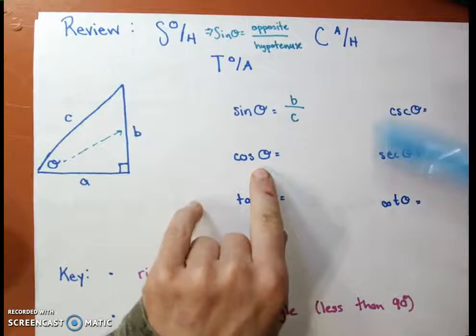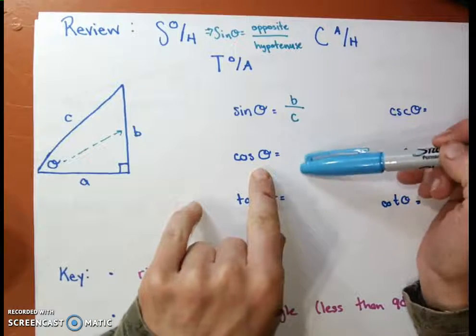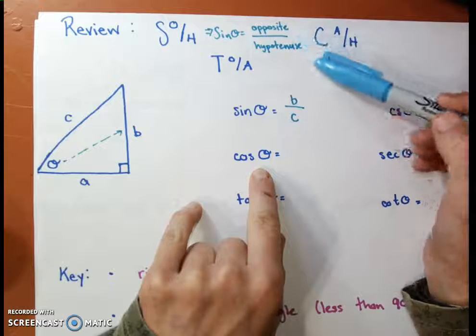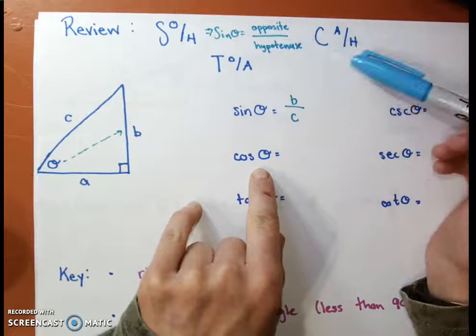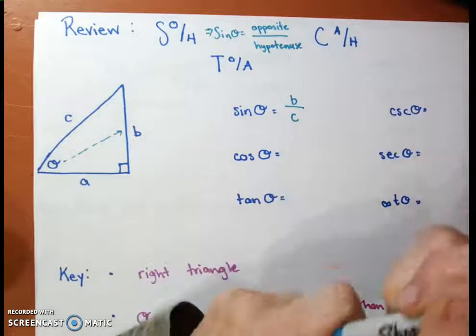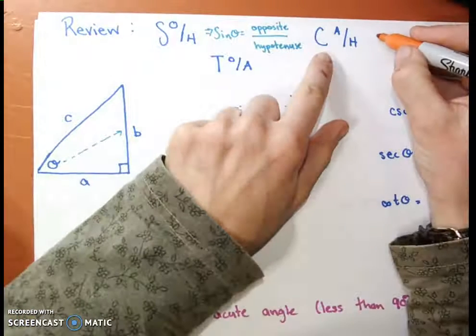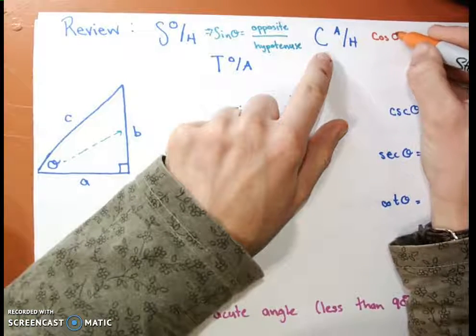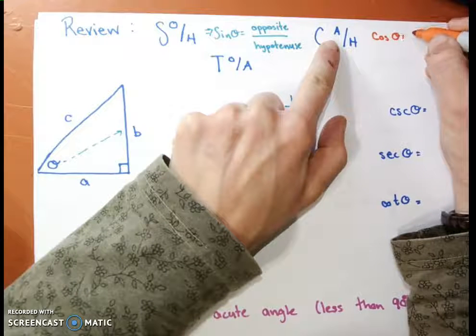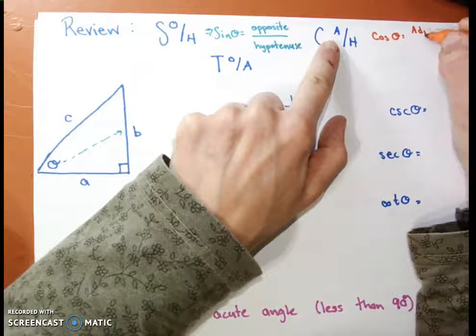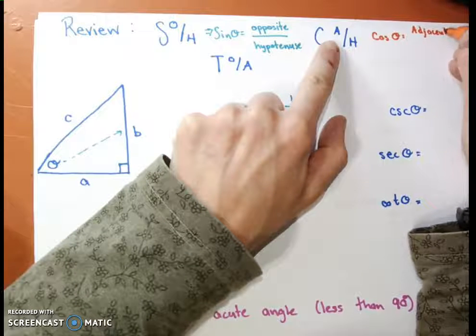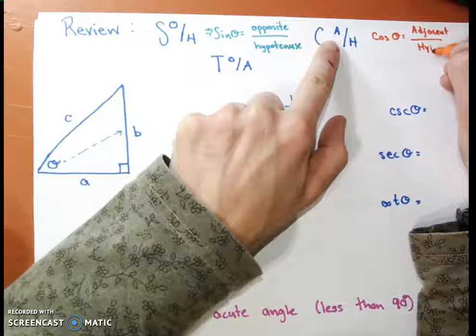Cosine of theta, we remember how we get this as a ratio of side lengths by using the same play on words, CAH. C-A-H is supposed to remind us that we find cosine of theta by taking the adjacent side, A, adjacent over the hypotenuse.